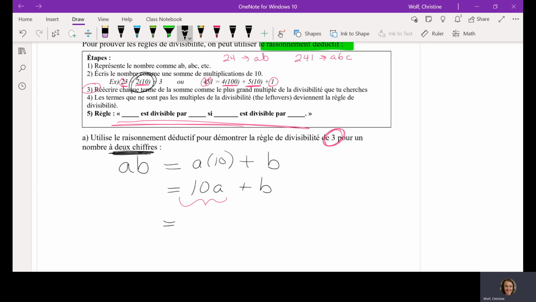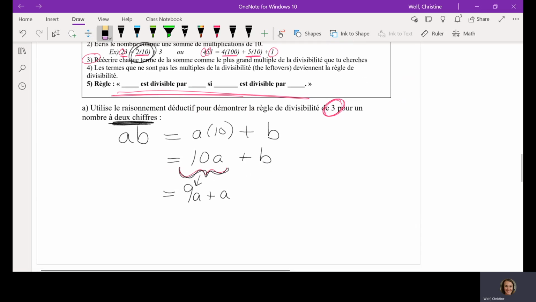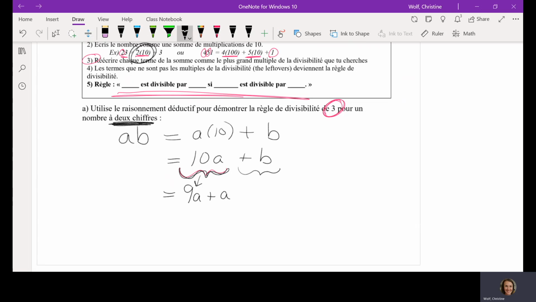So je vais réécrire 10A comme 9A plus A. So I took 10A and I pulled out the biggest multiple of 3, which is 9A. But then I still want this to equal 10A in the end. So that's why I have to go plus A. So this is still equaling 10A. Mais je l'ai juste réécrit comme un multiple de 3. And then le prochain terme ici, même chose, well, this is a 1. There is no multiple of 3 in 1. So we just rewrite it. So on a réécrit 10A plus B comme ça.